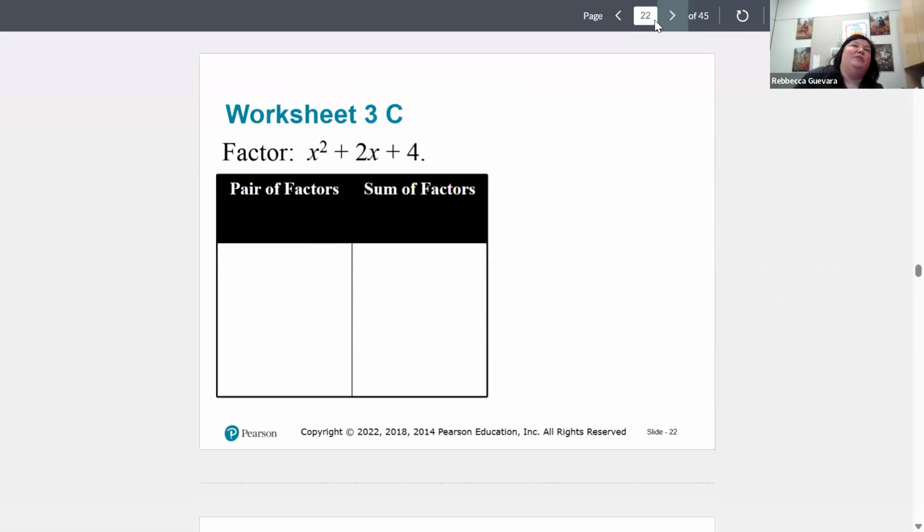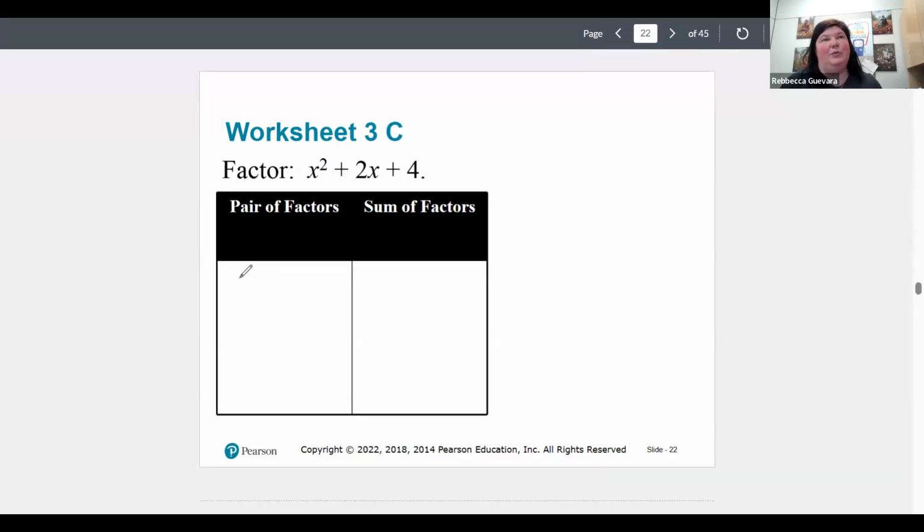So we have x squared plus 2x plus 4. And once again, you have numbers that will work. So it's either 2 times 2 or -2 times -2 that will give you the 4. If I add those together, I get 4.